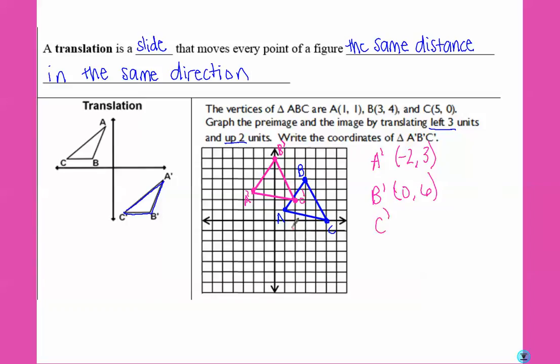And C prime is at 2, 2. If you notice, left 3 is like negative 3. All the x coordinates decreased by 3. And then we went up 2, which is positive 2. All of our y coordinates increased by 2.